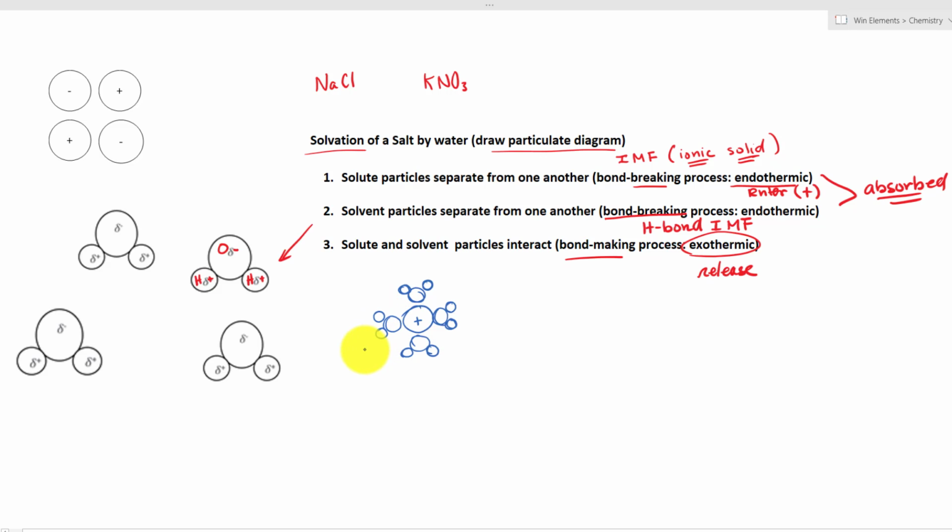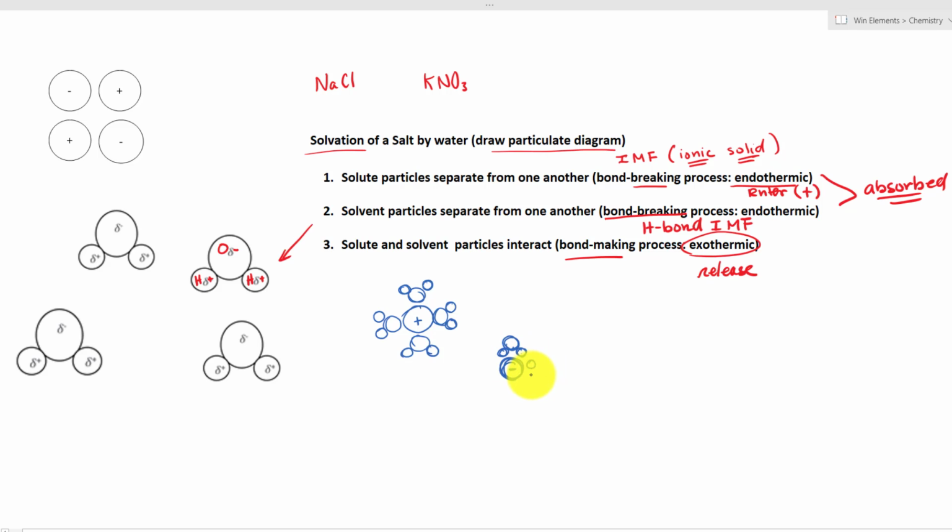Now, what about when we have a negative ion? You're going to draw multiple ones of them. I want to draw a negative one right here, so I'm going to draw a big one with the negative charge. Again, opposites attract. So in this case, instead of drawing the water molecule the other way, I want to draw it this way, where you have the Mickey Mouse head near the negative, because this is partial positive and this is negative.